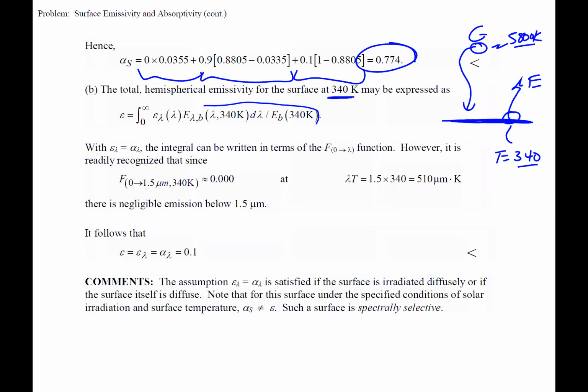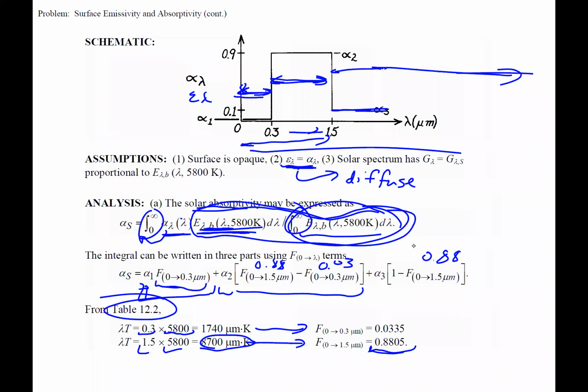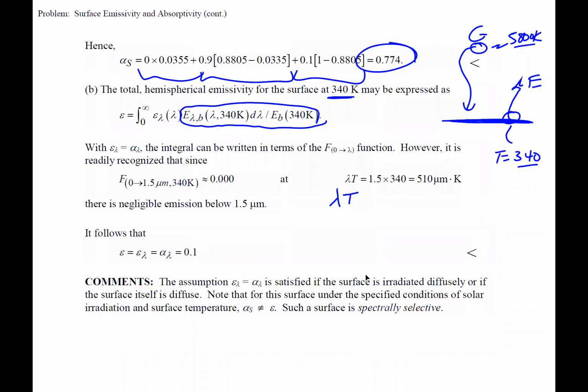The fraction F now deals with the temperature at 340. So when we're doing the wavelength times temperature, we have to do it for each of these: 0.3 times 340 Kelvin, 1.5 times 340 Kelvin. They're skipping a step here.